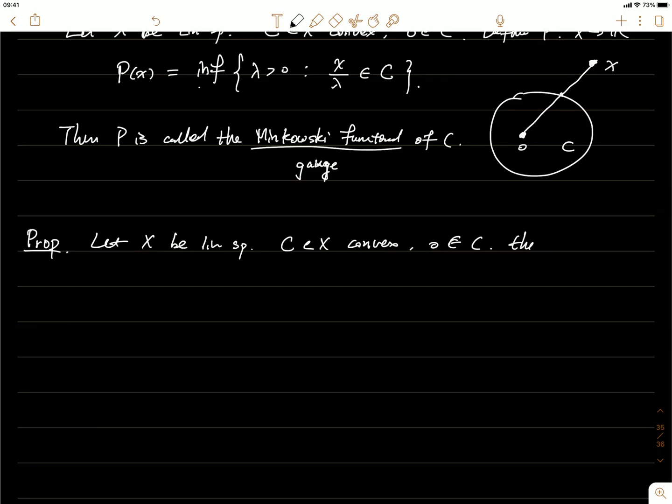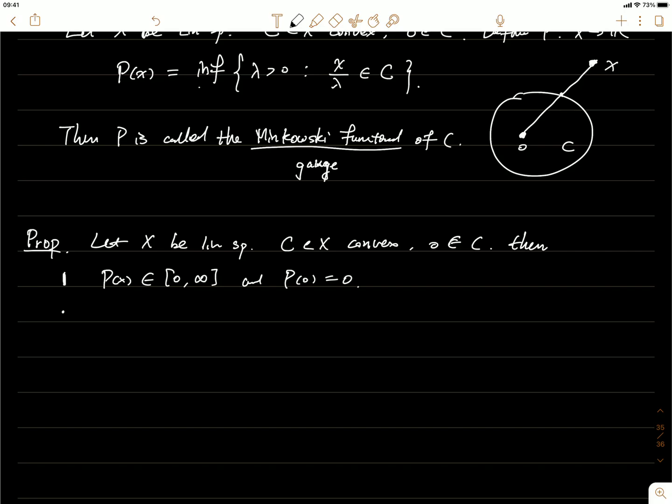Then the Minkowski functional has the following properties. The first is that p(x) must be non-negative, and also p(0) is equal to 0.